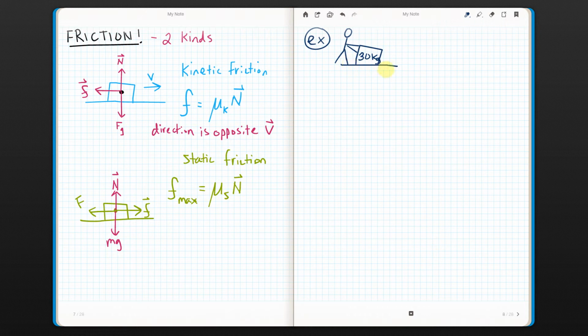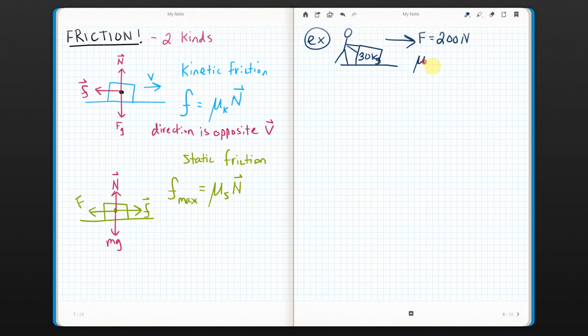I have no idea why I would try and push a 30 kilogram box, but let's say I'm pushing with a force of, oh gosh, I don't know. How about 200 newtons? I don't know if I could really push that hard, but let's pretend. Okay, that is what I can do.